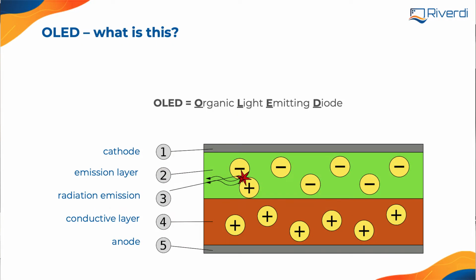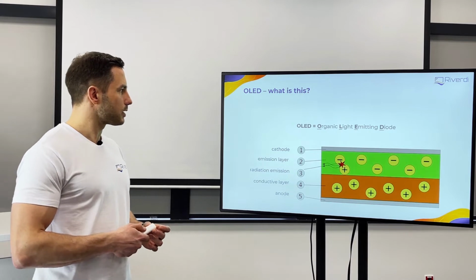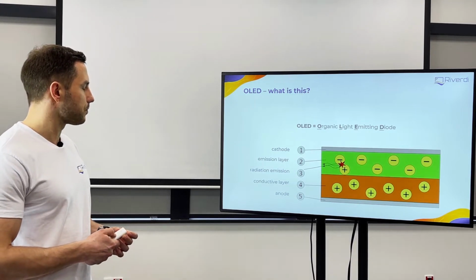So OLED is an abbreviation of organic light emitting diode, so like an LED, just based on organic materials. The light emission is pretty much the same as with an LED, just the materials used here are different. It's not, let's say, silicon based, but rather organic based layers.